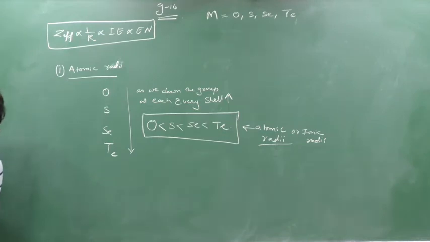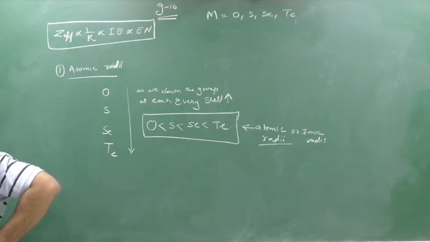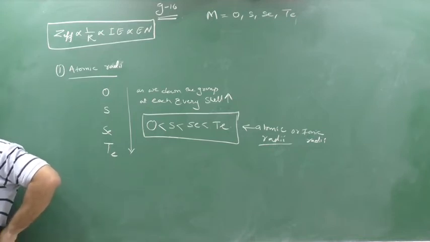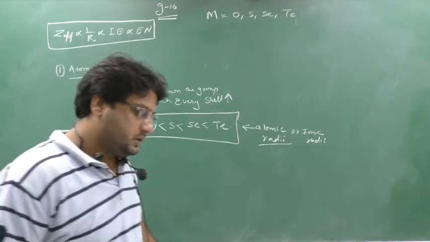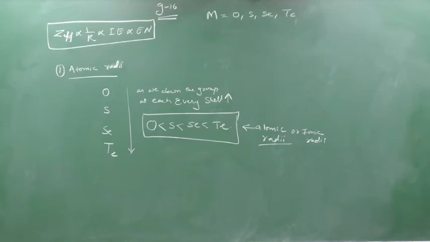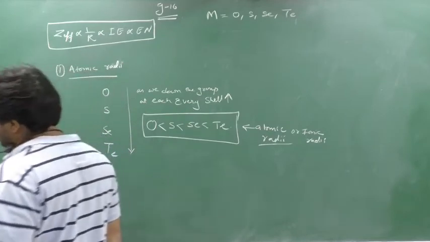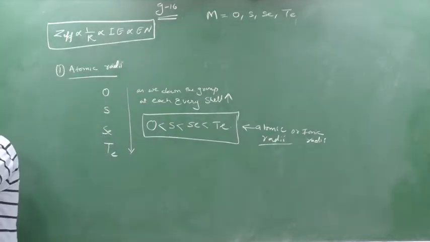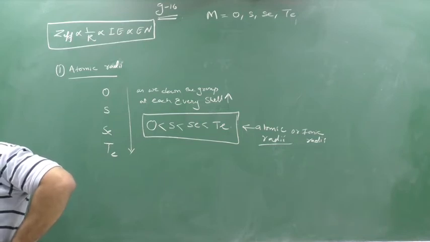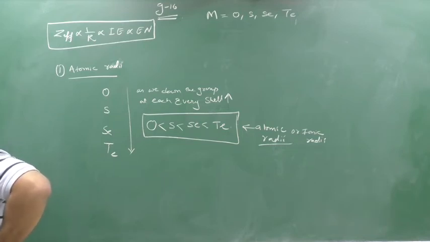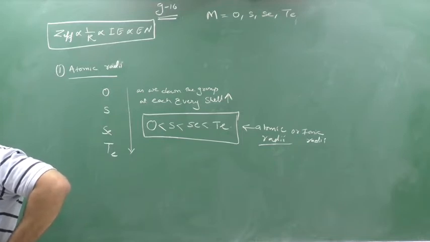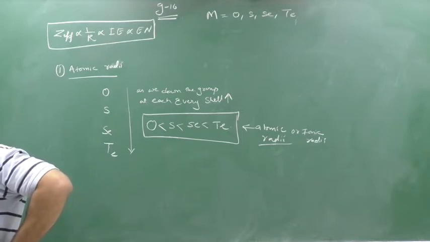One more point, write down. The atomic and ionic radii of oxygen is exceptionally very low. If you have a textbook, you can open group number 16 and see the table, in which you can see the atomic radii values. The radius of oxygen is 66, then for sulfur it is 104, and 117 for selenium.